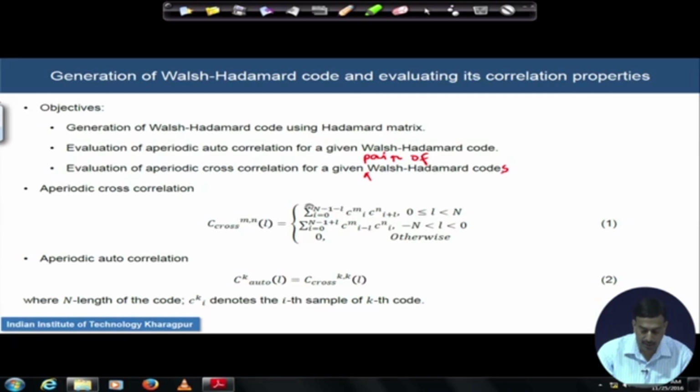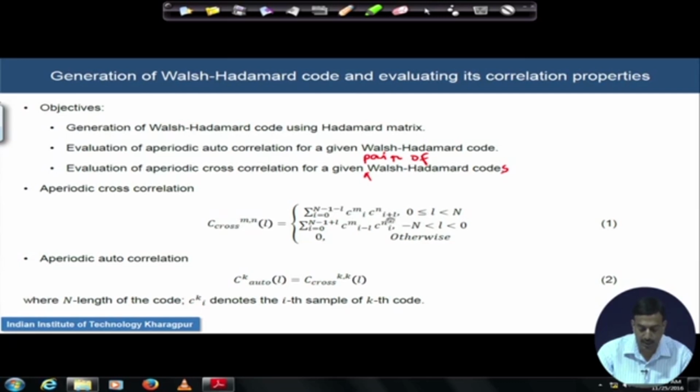We have the definition such that for all positive lag values or shifts up to n minus 1, because L is less than n, we keep one code as it is and we shift the other code based on this index.